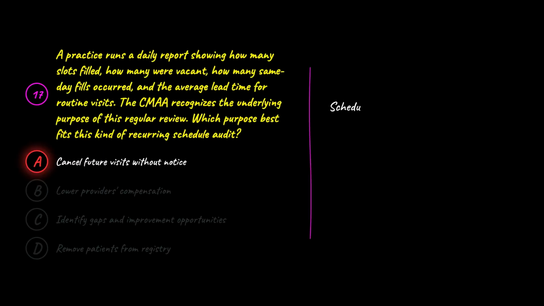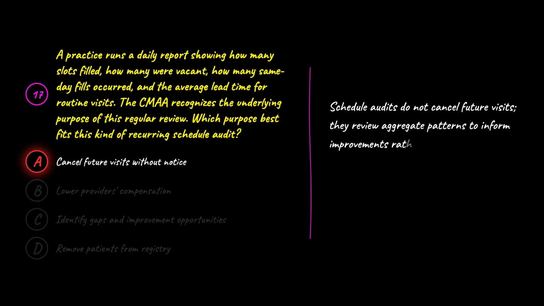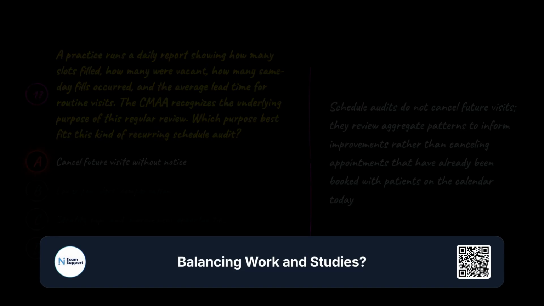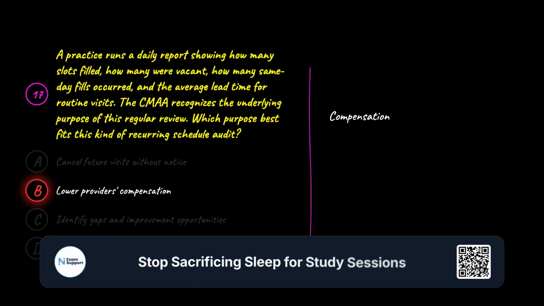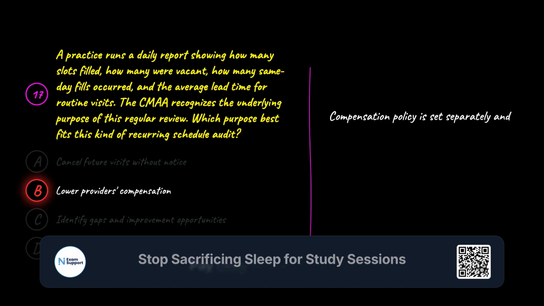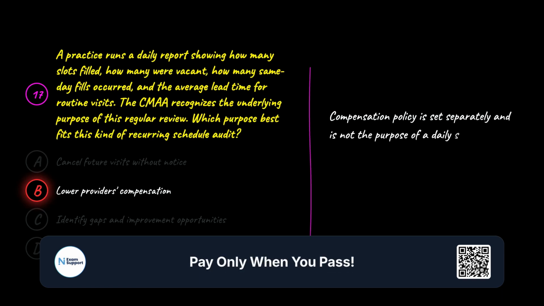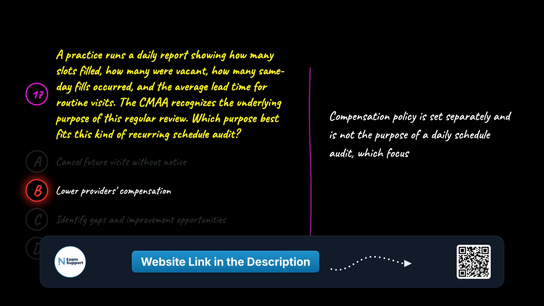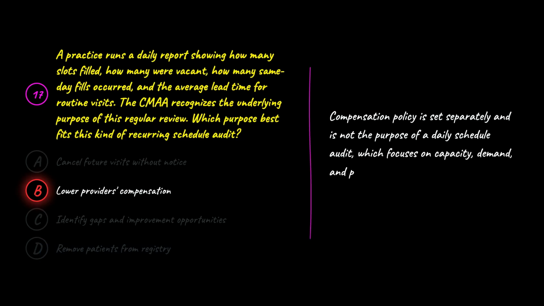A is wrong because schedule audits do not cancel future visits. They review aggregate patterns to inform improvements rather than cancelling appointments that have already been booked with patients on the calendar today. B is wrong because compensation policy is set separately and is not the purpose of a daily schedule audit, which focuses on capacity, demand, and patterns rather than how providers are paid by the organization.